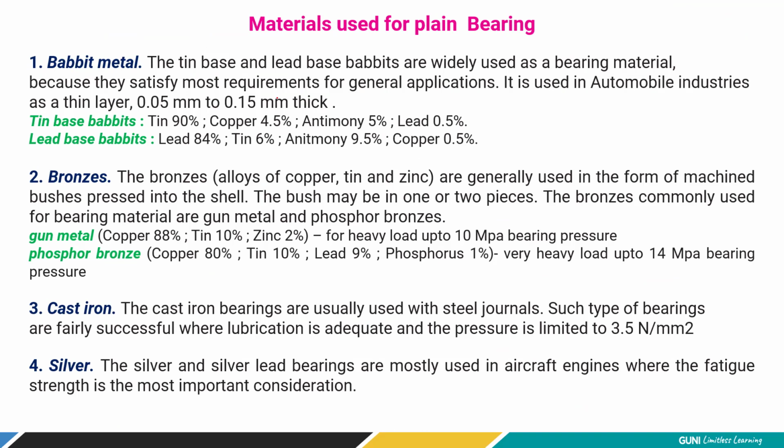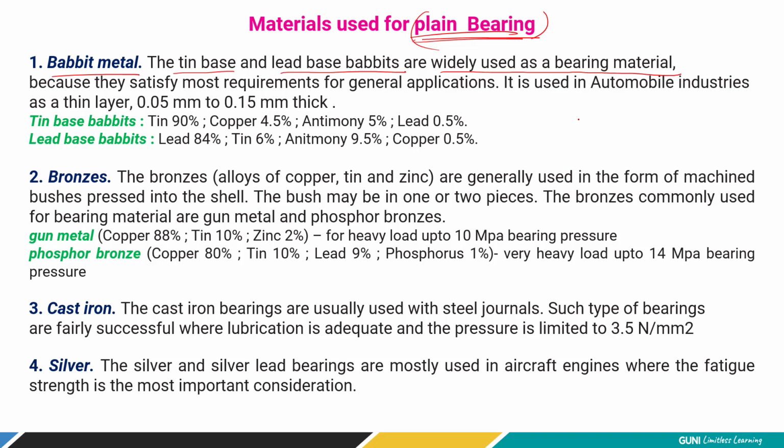Now, what are the general materials used for plain bearings only? Try to understand, we are talking only about plain bearings, not ball bearings and roller bearings. The first material is babbitt metal. Tin-base and lead-base babbitts are widely used as bearing materials. You might have seen the yellow kind of bush, or sometimes a silky gray cylindrical surface inside the engine.